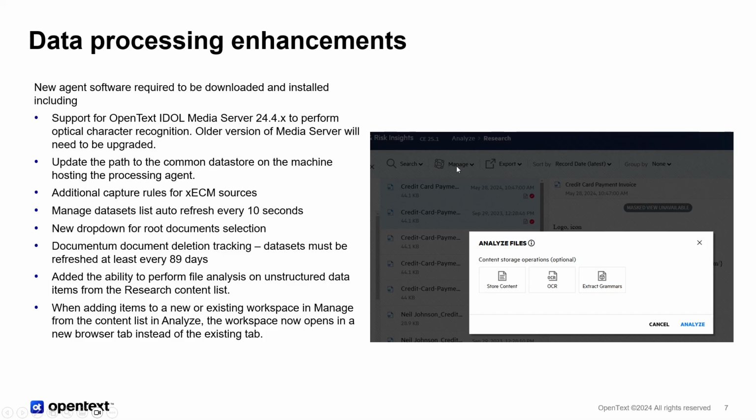Now you can do that directly from Analyze. You click on the Manage drop down here and there are two extra menus, and this will pull up this dialog and you can select whatever appropriate analysis option you need directly from here without creating a workspace at all. So this just improves the processing and improves the usability.